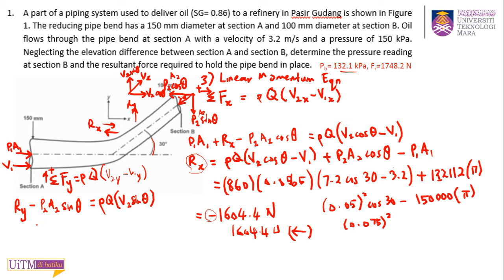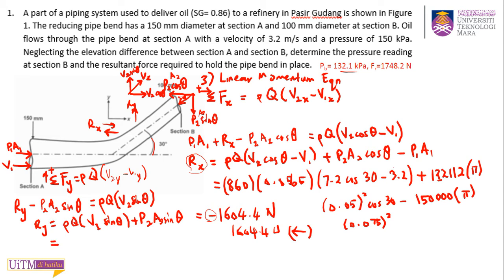Okay, so to find Ry, the force in y direction, just bring this one to the other side. So rho Q times V2 sin theta plus P2A2 sin theta. Okay, so what is the value for resultant force in y direction here?